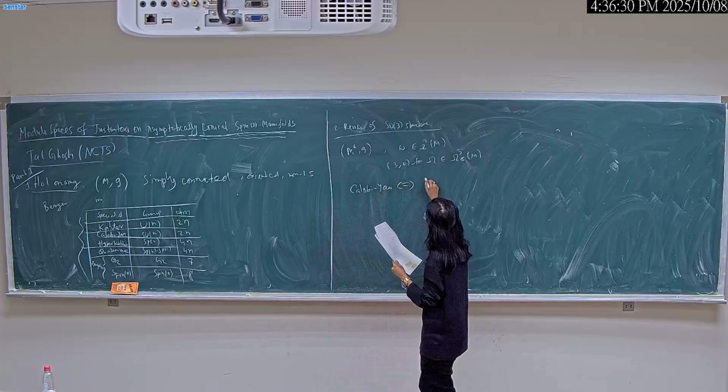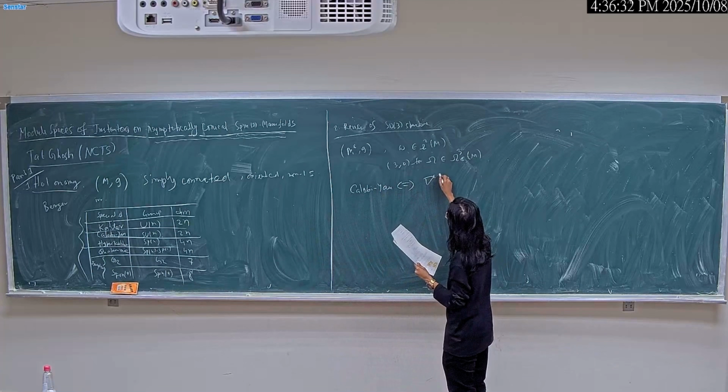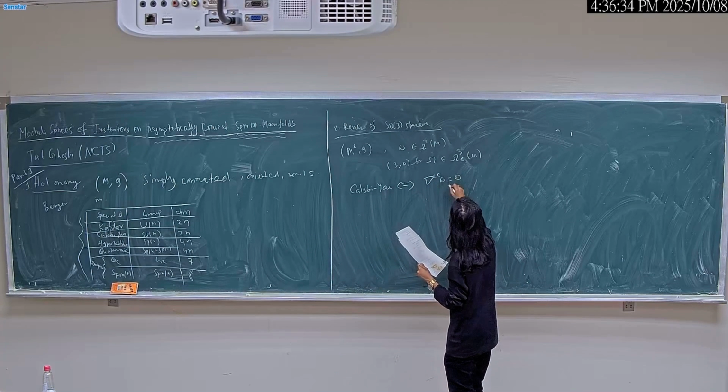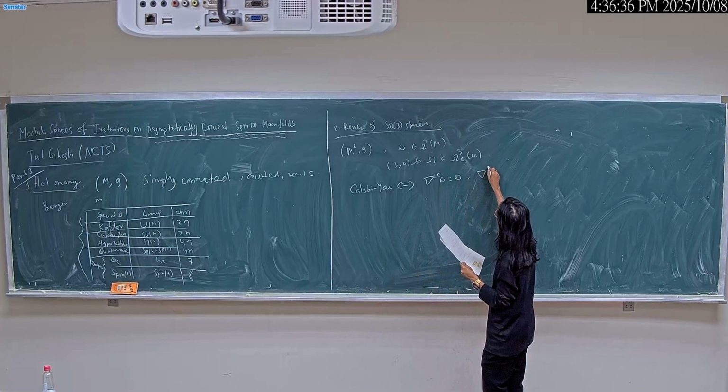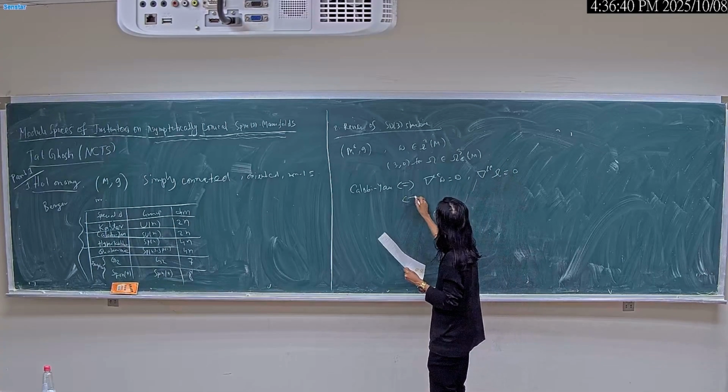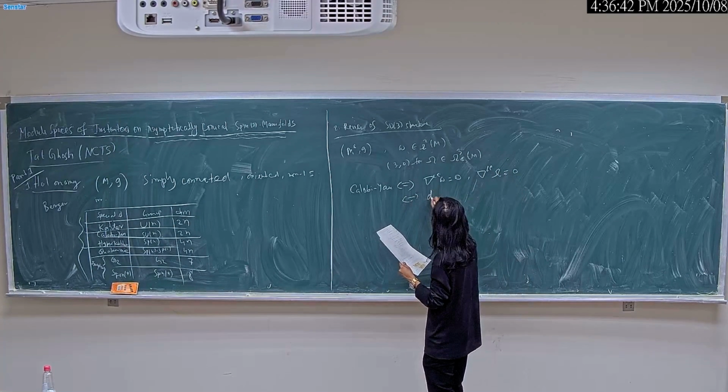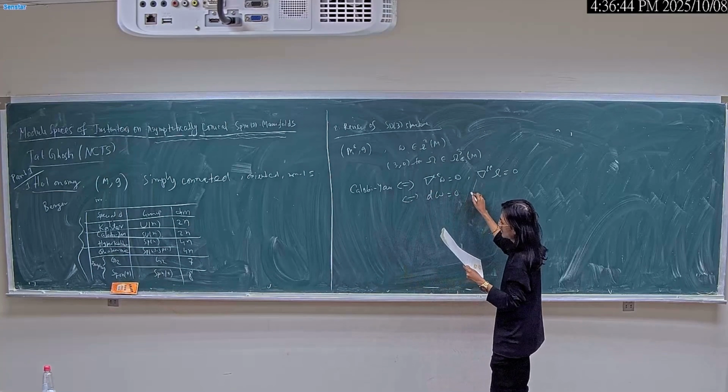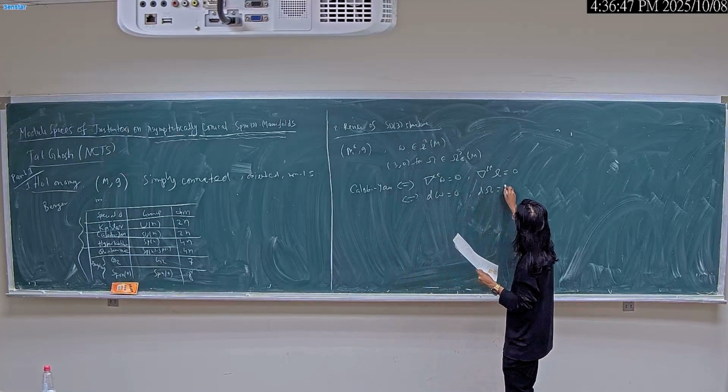Then my manifold will be Calabi-Yau if and only if these are integrable. And of course there are some compatibility conditions which I don't care about now.